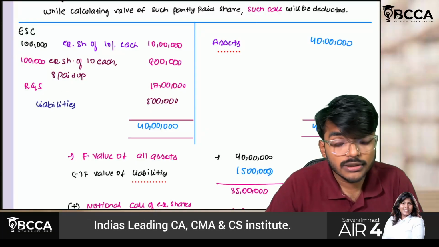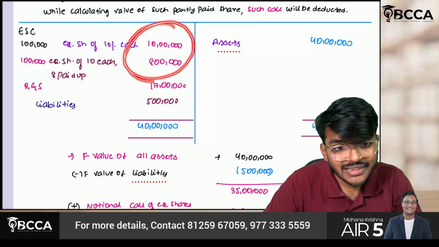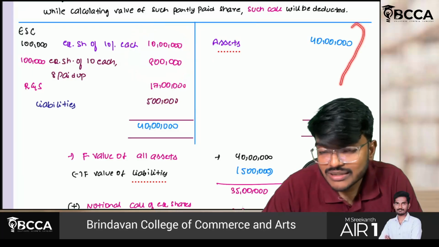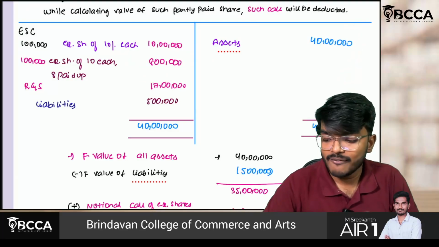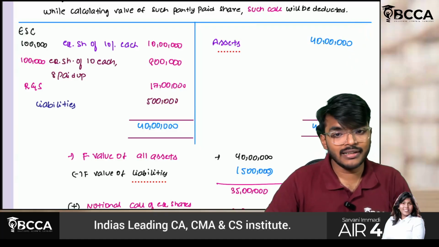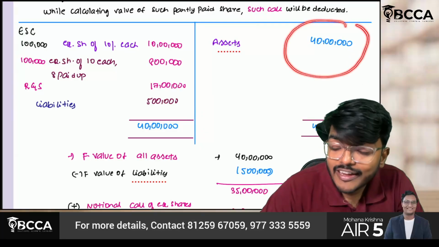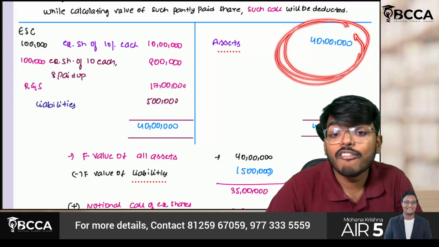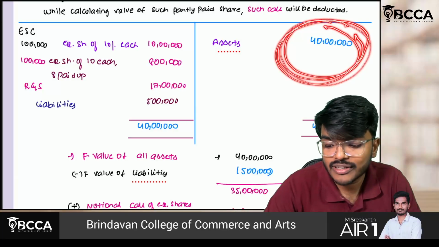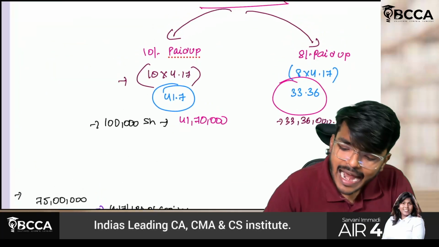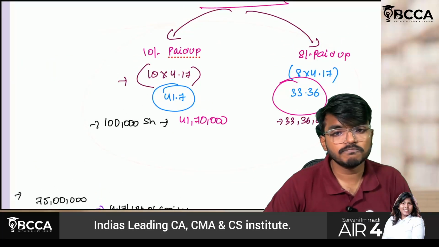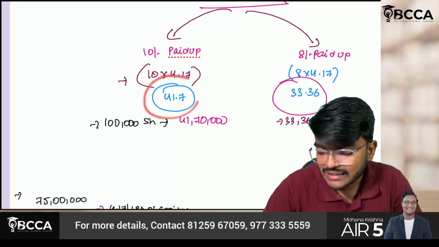But obviously with these amounts they have invested in assets, and based on the fair value of these assets we have calculated the net assets, and I have apportioned the net assets between their paid up values.